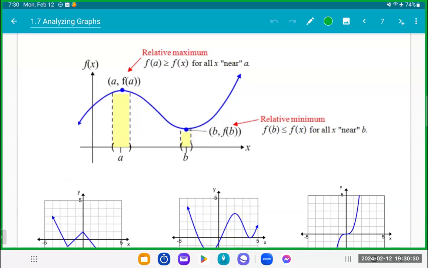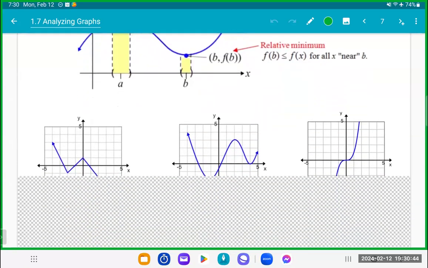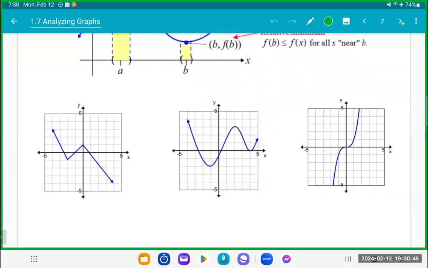So there's some area near that makes it the lowest point. It doesn't mean it's the absolute, it just means relative. We could have more than one maximum and more than one minimum. You can only have one absolute, but we're not covering that terminology right now.